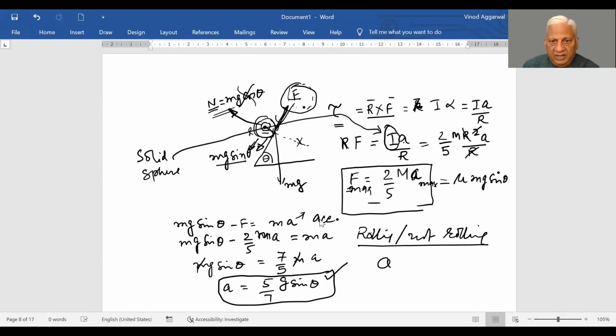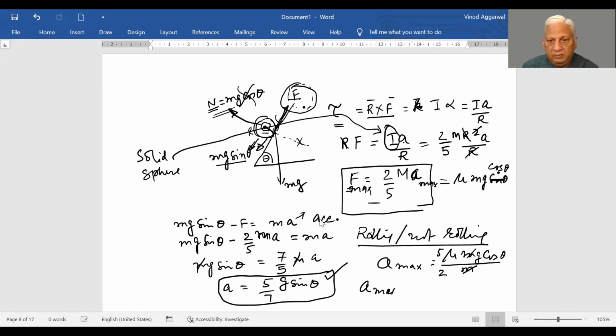So A max, what we get is, sorry, this will not be sine theta, this will be cos theta. m gets cancelled out.